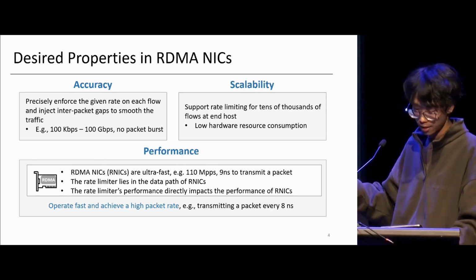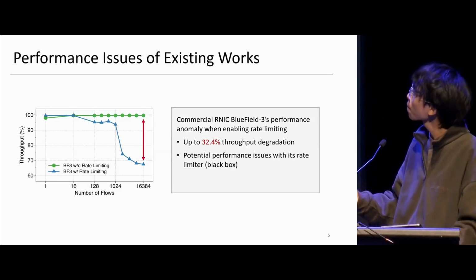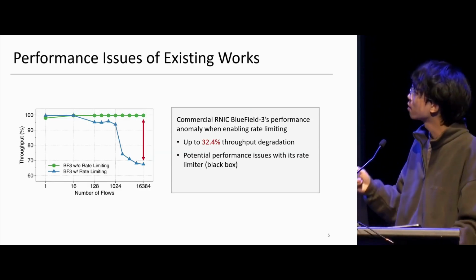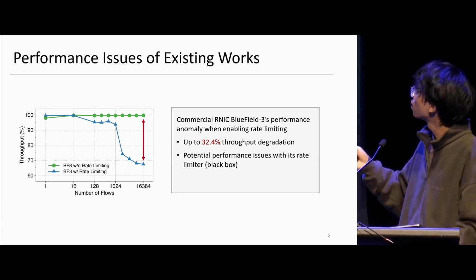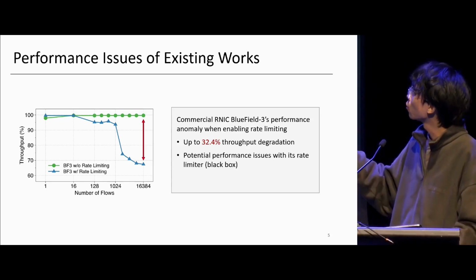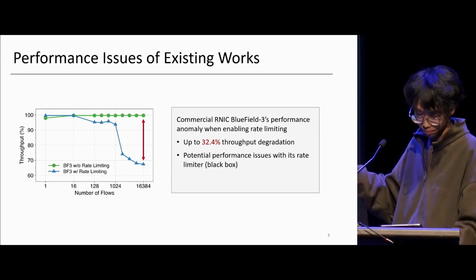However, existing works fail to meet all these requirements. We first discuss a typical commercial NIC, BlueField-3. We observe a performance anomaly when enabling the rate limiting for more than 10,000 flows.